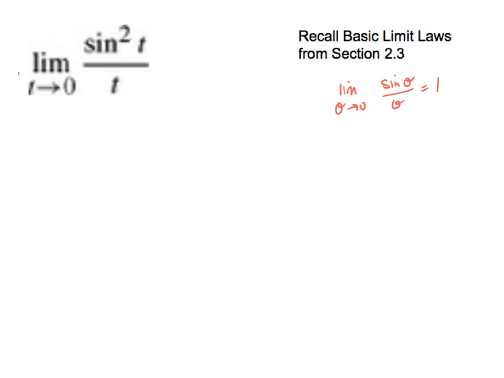This one, for some reason, tends to be challenging for us to identify what we need to do, maybe because it is a little bit simpler. So we're going to take the fact that there's an exponent, it's a sine squared, and write it as repeated multiplication. Right? And then that's all we need, because now we can group together a sine t over t and keep separate the other sine t.